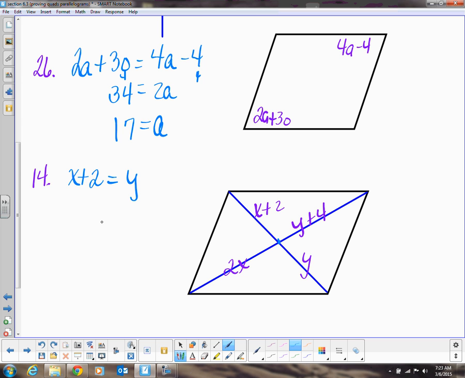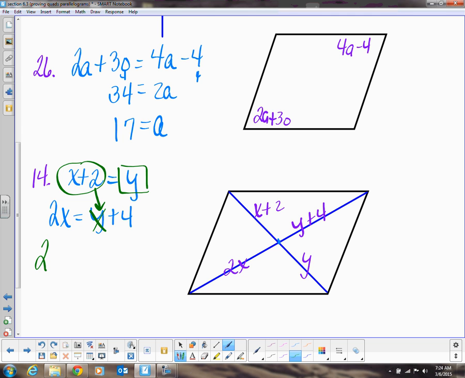What's my other equation, Jeff? Equals y plus 4. All right, so now we have two variables. If x plus 2 is y, then can you remove y and put x plus 2 in its place? Does that make sense?